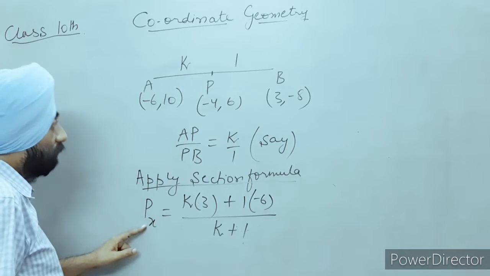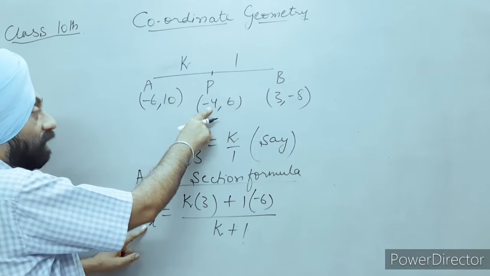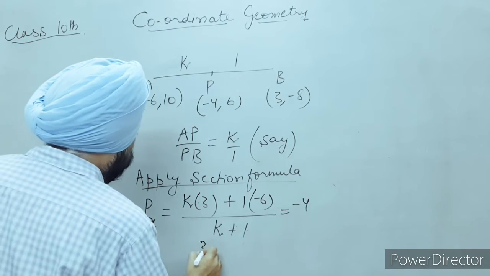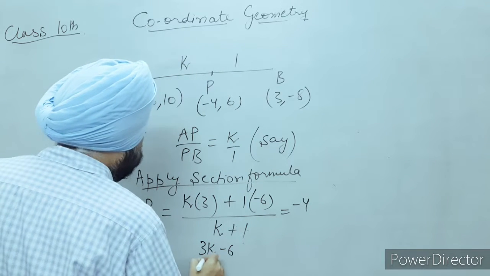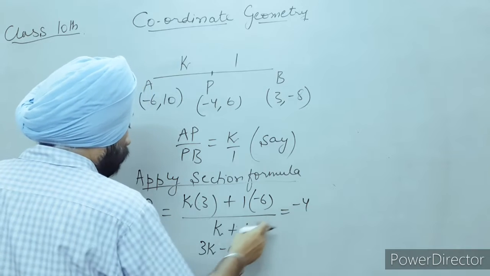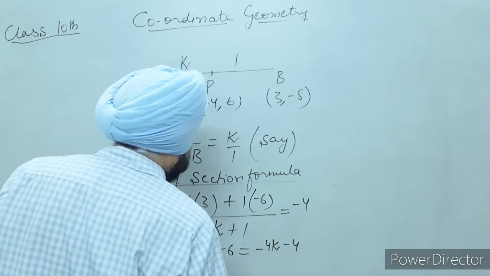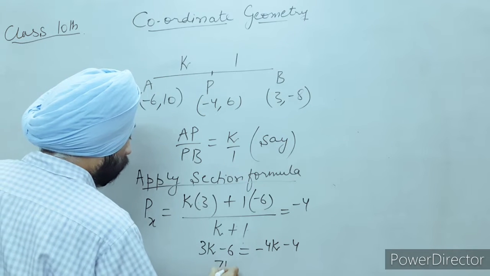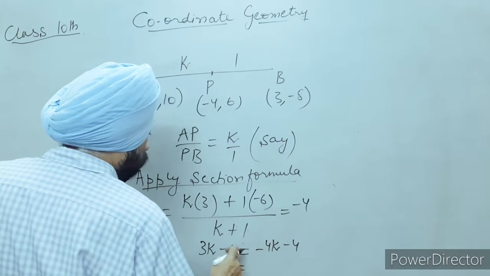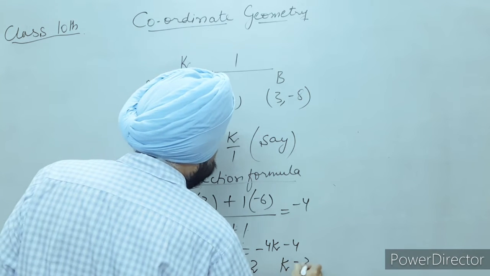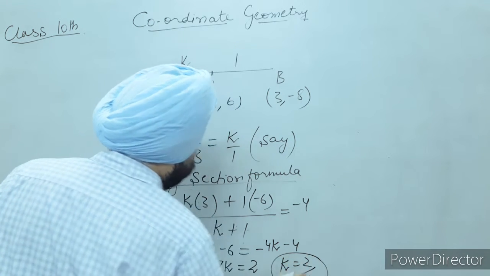But this P of x is given to you as -4. So 3k - 6 equals -4 into (k + 1), which is -4k - 4. This becomes 7k equals -4 plus 6, that is 2. So the value of k is 2 by 7.